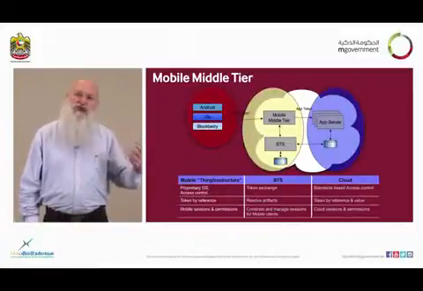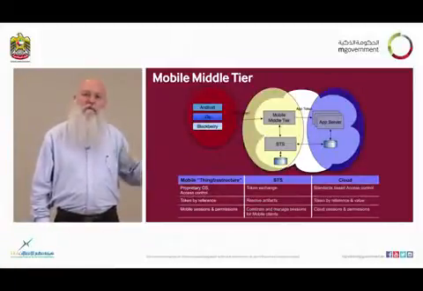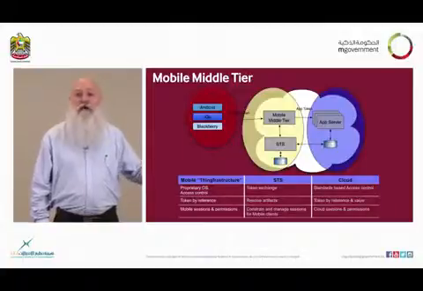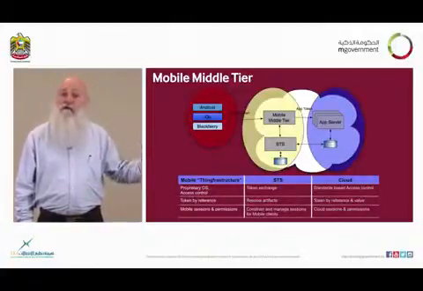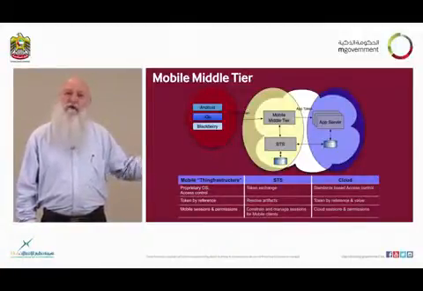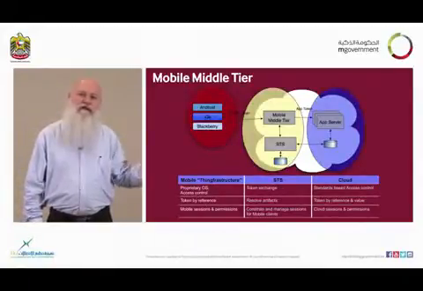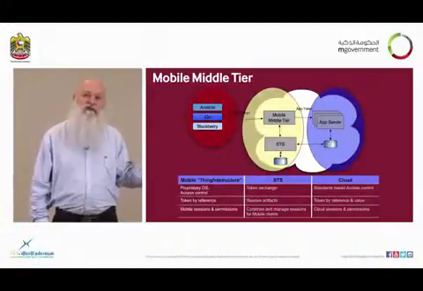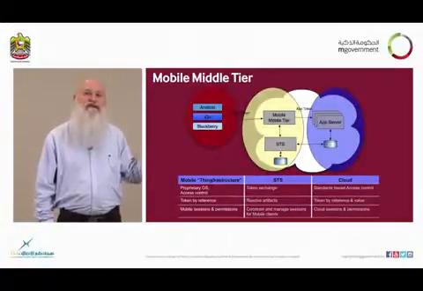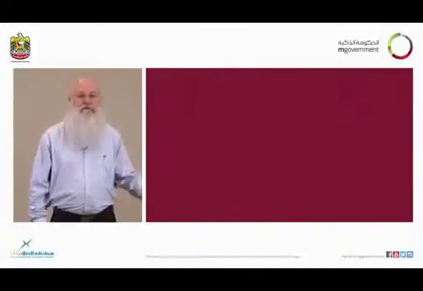It will seamlessly hop or roam from one network to another, and perhaps move from GSM to Wi-Fi as you come into a building. Everything in the middle needs to be designed to handle those transitions and to do it securely. Thank you.